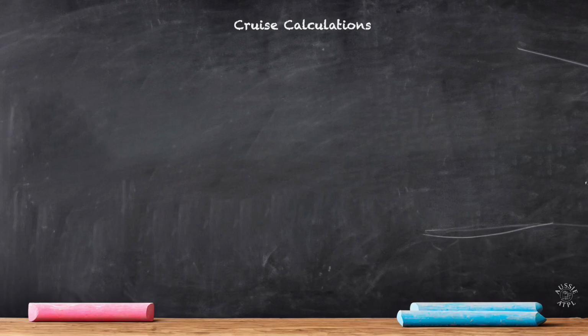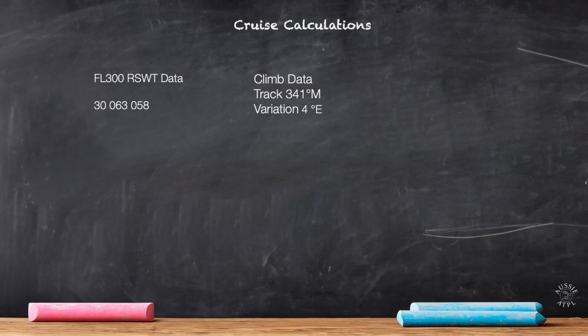So the first step with all cruise segments is to find our wind component and ISA deviation. So we'll pick the route sector wind temperature level that is closest to our cruise level of flight level 310, which will be flight level 300. We've got a little extract of it here from the question. Now using our cruise data we found earlier, we'll get an ISA deviation of -3 degrees and a headwind component of 44 knots.